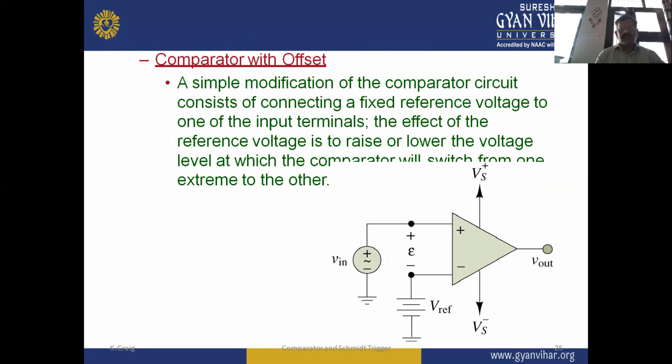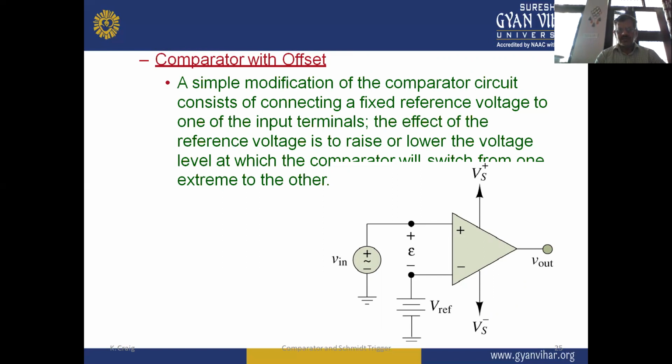Next, comparator with offset. A simple modification of the comparator circuit consists of connecting a fixed reference voltage to one of the input terminals, as shown in this figure.